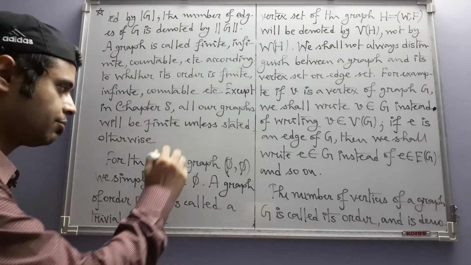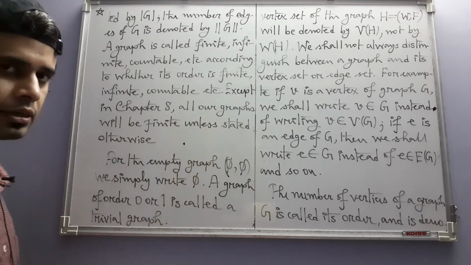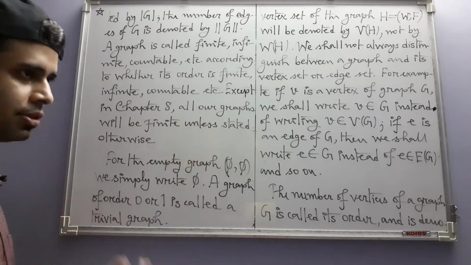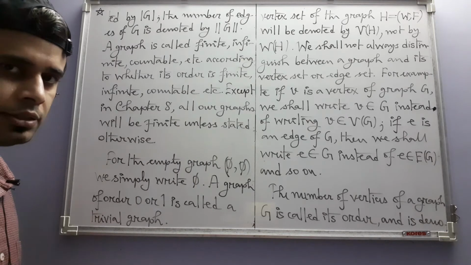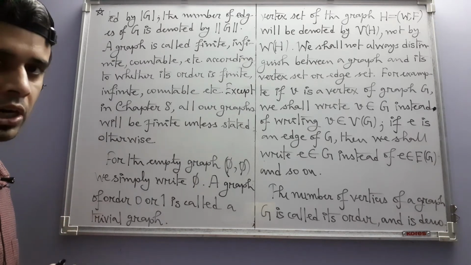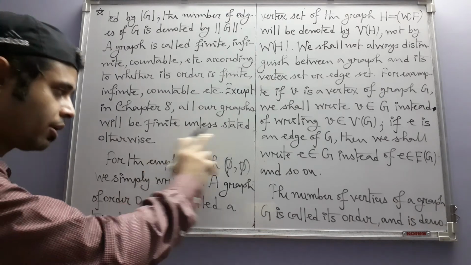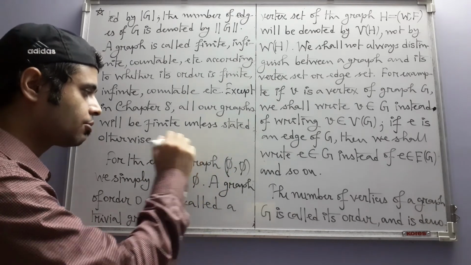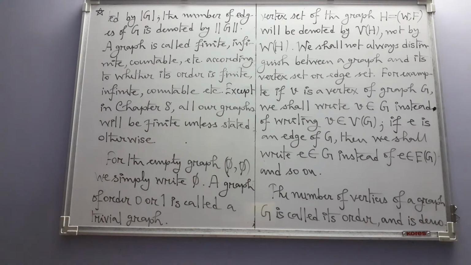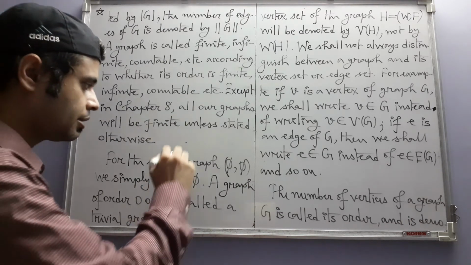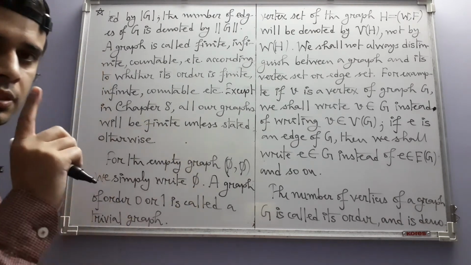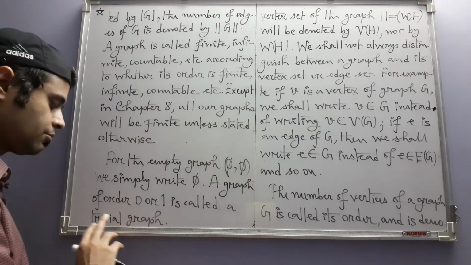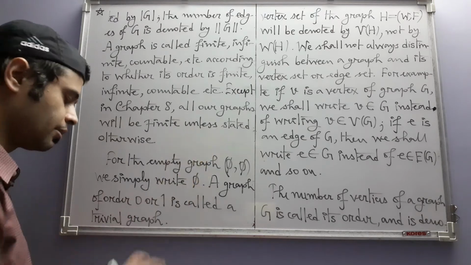Or if a graph has only one vertex, in which case it has no edge, because according to our definition, to form an edge you need at least two vertices. So if there is only one vertex, there is no possibility of an edge. In that case, the vertex set is a singleton set and the edge set is empty. So that graph is also called a trivial graph.